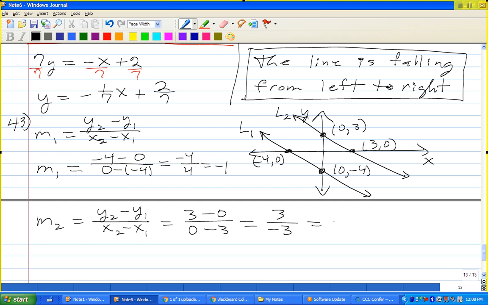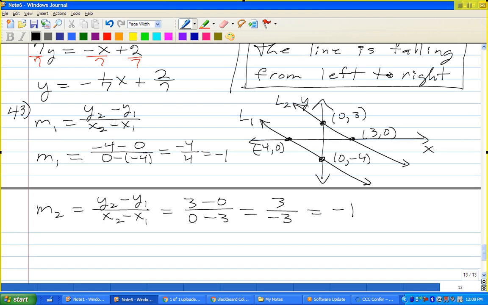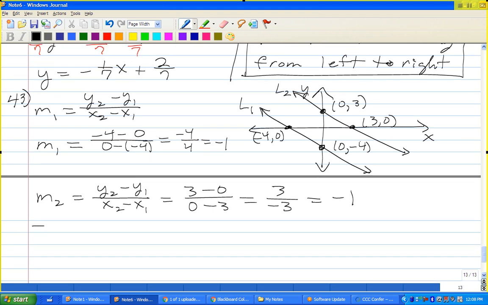Positive divided by negative is negative. 3 divided by 3 is 1. Well, therefore, the slopes are the same. They're both equal to negative 1. And so these two lines are indeed parallel, since their slopes are equal.